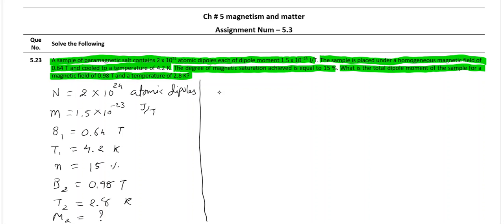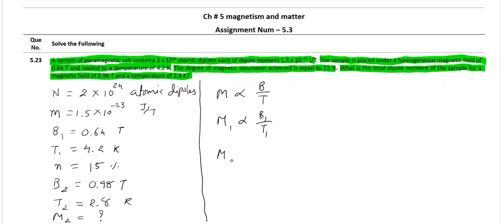Now, according to Curie's law, we know that the saturation magnetization M is directly proportional to the applied field and inversely proportional to the temperature. So if we take M1 to be proportional to B1 by T1, what is M1? Initial saturation magnetization at temperature T1 and field B1.